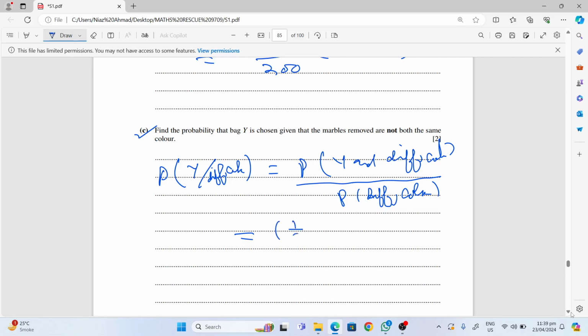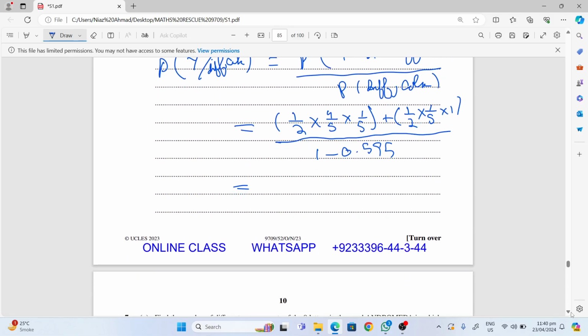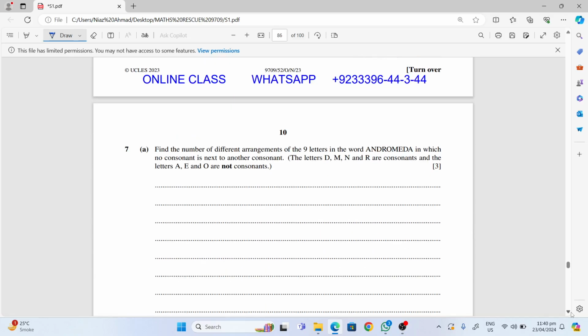First it is 1 by 2 into 4 by 5, then 1 by 5, plus 1 by 2 times 1 by 5, over 1 minus 0.595 for the different color. So here you will be getting 4 by 9, the final answer of your probability.